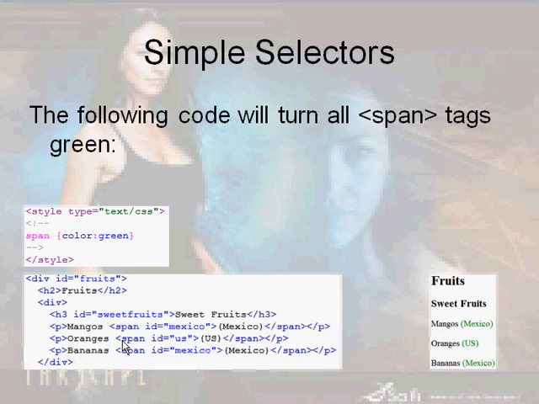There's a span tag with an ID of US wrapped around US in parenthesis and then it closes. And then there's a span with an ID of Mexico wrapped around the word Mexico again and then it closes. Everywhere that I have a span with an ID of Mexico or US, doesn't matter. We're just simply targeting all spans and we're coloring them green.